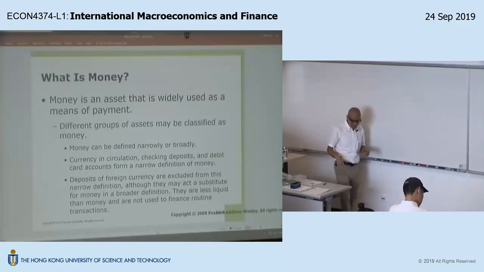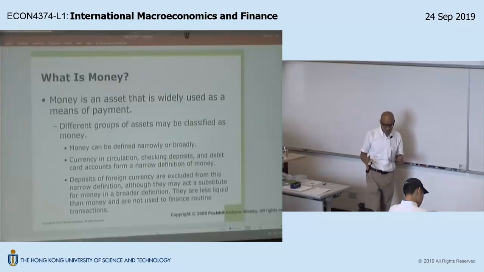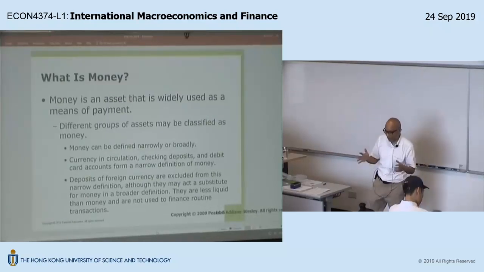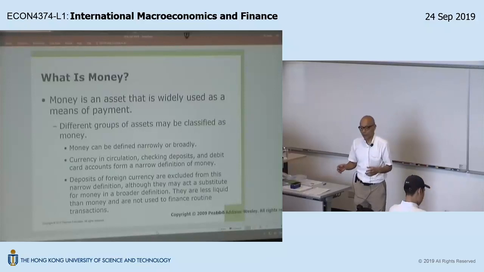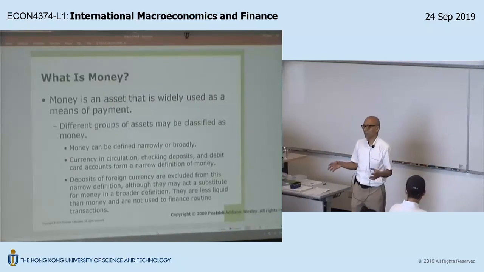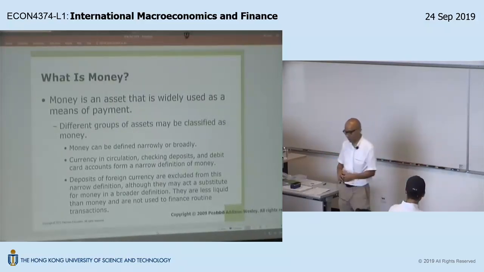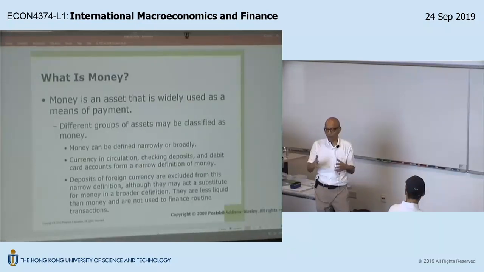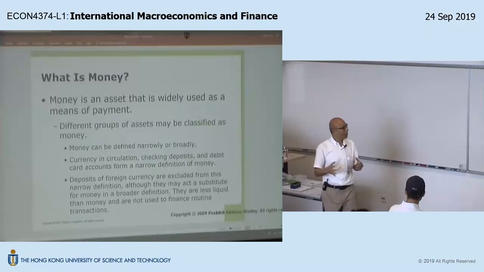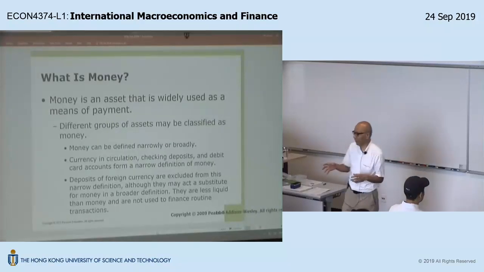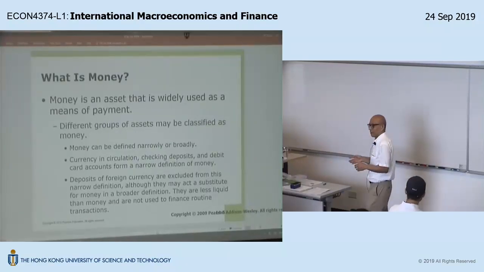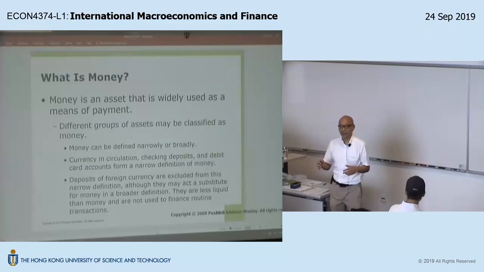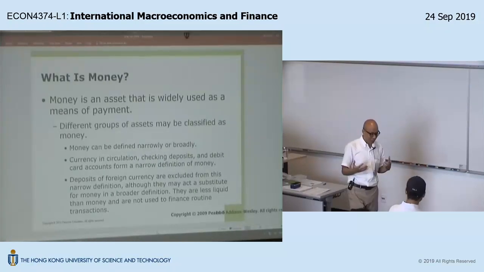So as a result, it's not black and white what exactly the quantity of money in the economy is. So how much is the quantity of money in the economy? You have to, therefore, separate money into different types. Do you still remember? You have M1, M2, M3, right?